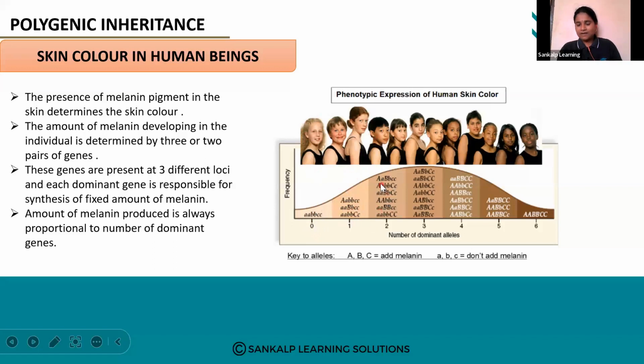Okay, next when you consider these, the number of dominant alleles as you are seeing, there are 2 to 3 dominant alleles here. So in these people the amount of melanin produced will be more. See here, the dominant alleles will add to the melanin. As more melanin is added, our skin color keeps getting darker. Okay, then after that, when you see from the fifth one here, from the fifth scale, see here, more than 3 or 4 dominant alleles are present.